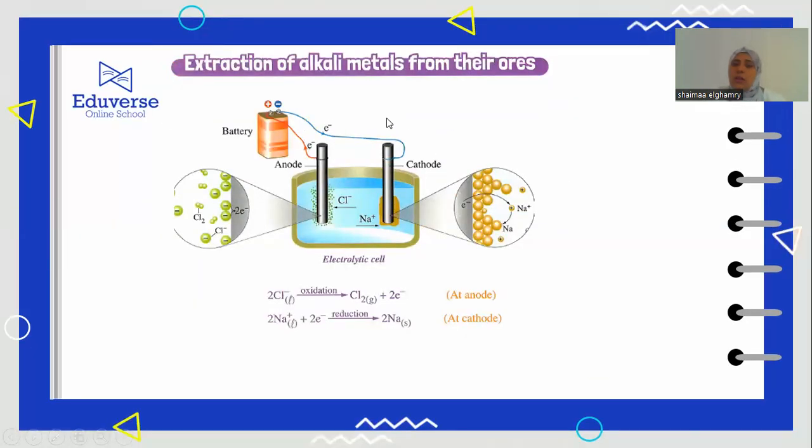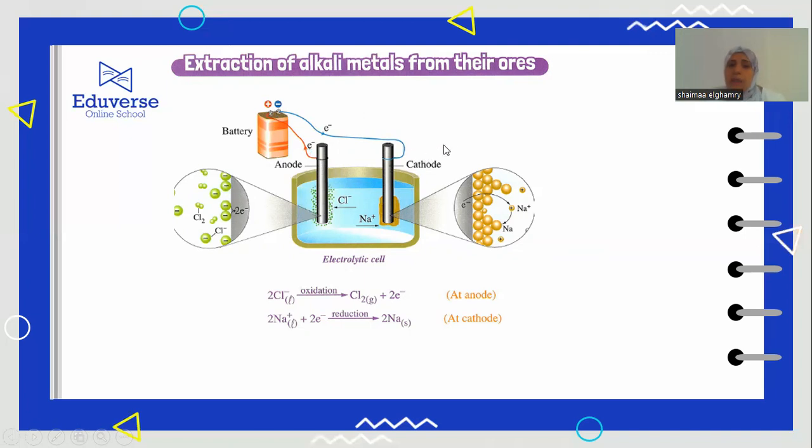Extraction of alkali metals from their ores. Alkali metals can be extracted from molten sodium chloride by using an electric circuit. So we have an anode and a cathode. The anode has a positive charge, so it attracts the chloride ion, which carries a negative charge.